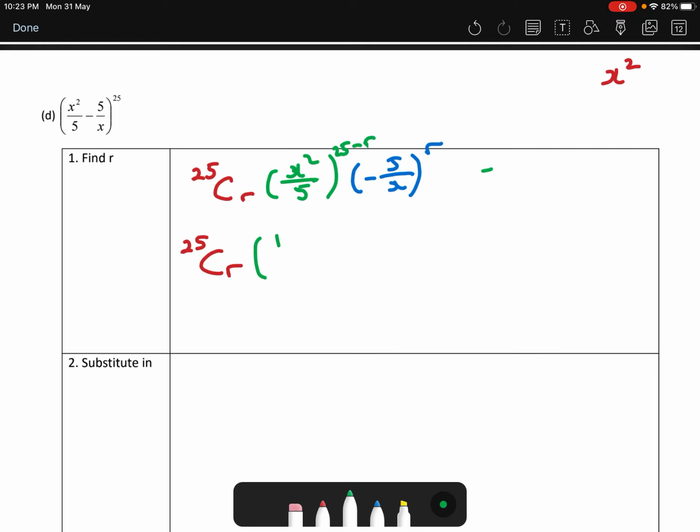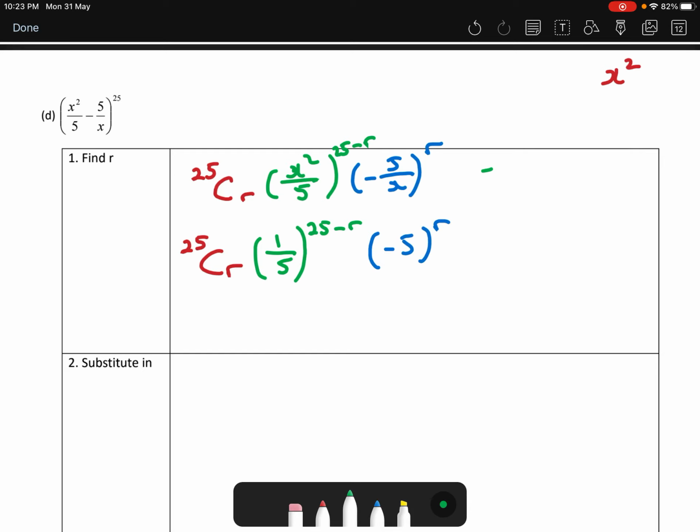Okay, so the green color, there's a 1 over 5, right? 25 minus r. Then after that, x squared 25 minus r. Sorry, of course, there's a blue color bracket, which is minus 5 to the power of r.